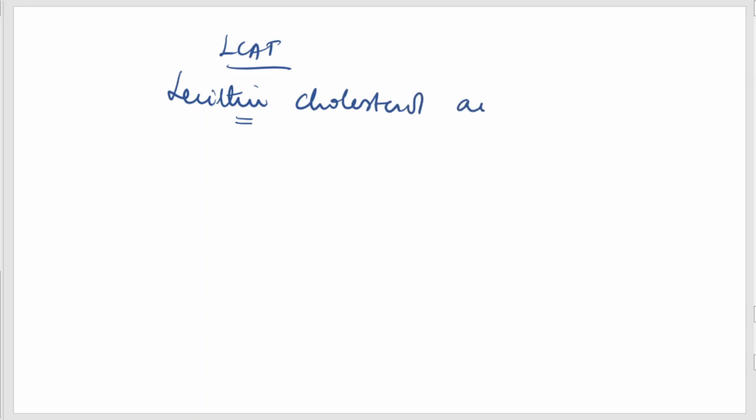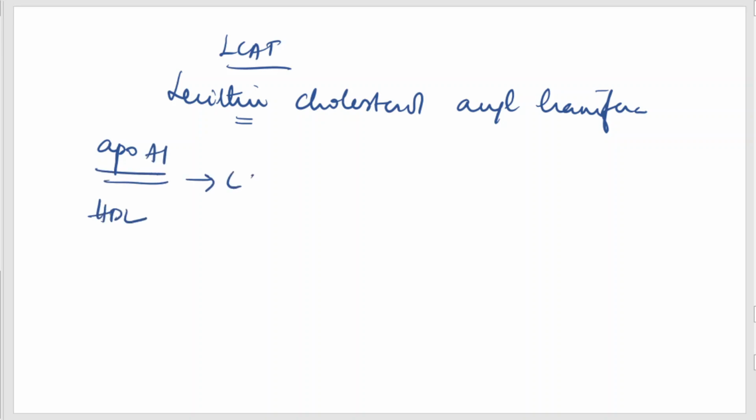Now, what is the function of this LCAT? I've already told you nascent HDL has more phospholipid content, which is mainly lecithin. So what does it do? The ApoA1 which is present on the HDL molecule activates this LCAT.